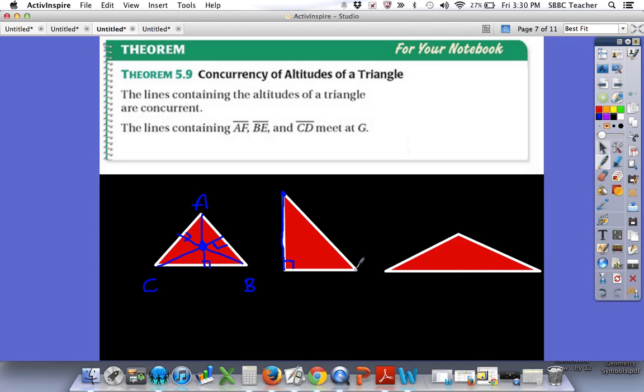If we have this vertex and draw a line perpendicular to the side it's opposite from, it also coincides with the side. And then if we draw from this vertex a line straight down, we have our third altitude. And these three altitudes actually meet on a vertex right here.